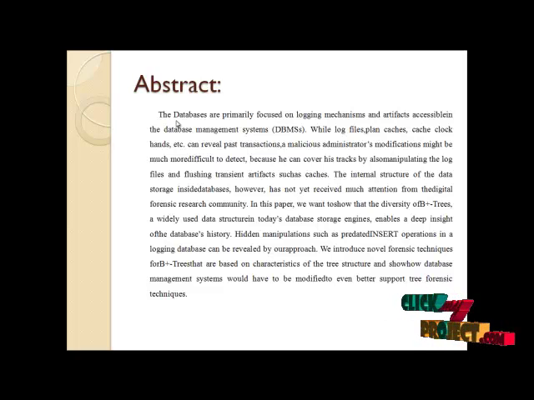Hidden manipulations such as backdated insert operations in a log database can be revealed by our approach. We also introduce novel forensic techniques for B plus trees that are based on characteristics of the tree structure, and show how a database management system could be modified to better support tree forensic techniques.